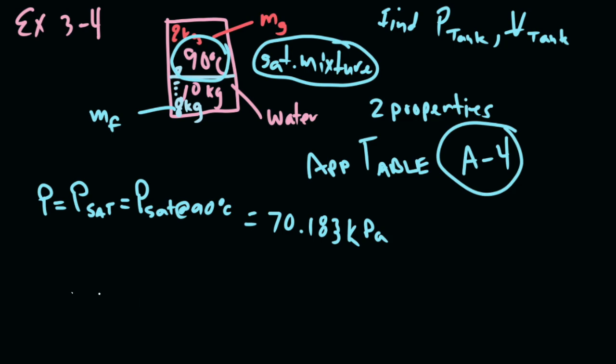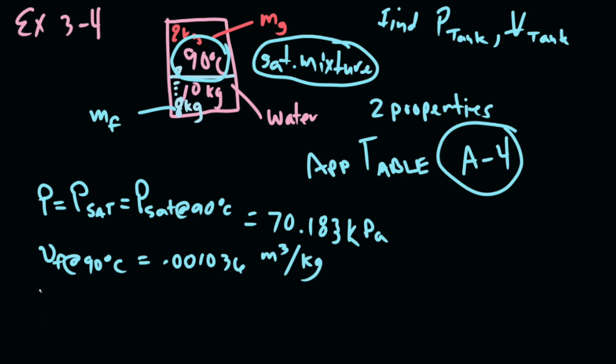And now to find the volume, we're going to need the specific volume of the liquid at 90 degrees C, or at 70.183 kPa. This is a table lookup as well, equal to 0.001036 meters cubed per kilogram.